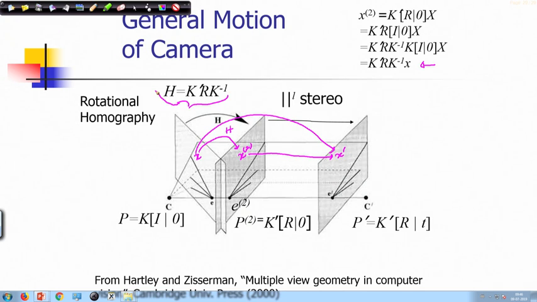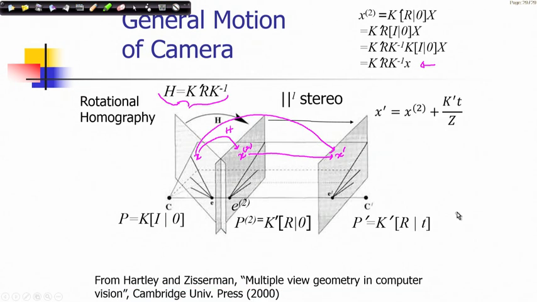So, once you have obtained this, now you can apply the stereo results between x 2 and x prime, which means that I can write x prime as x 2 plus k prime t by z.